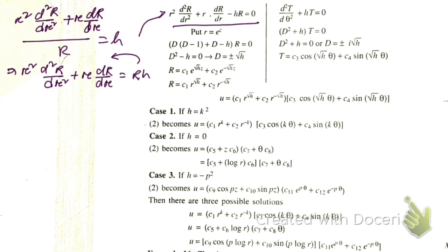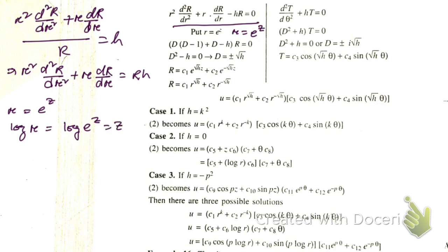So here we're going to put r is equal to e to the power z. Let us put this. So now if you put r is equal to e to the power z, then if you take log on both sides, log r will be equal to log of e to the power z, which is going to be equal to z. Okay, log of e to the power z is going to be equal to z.